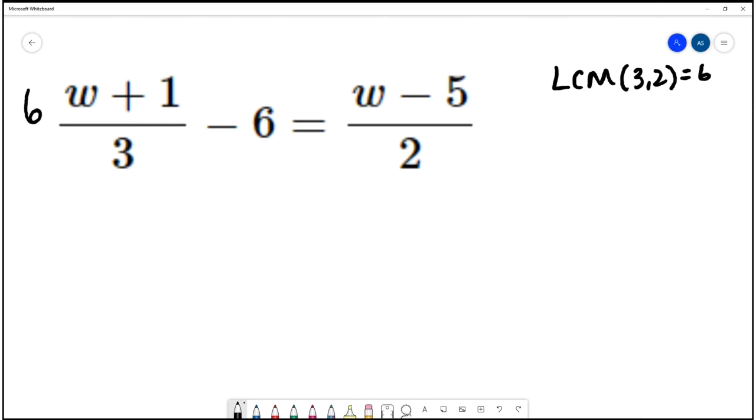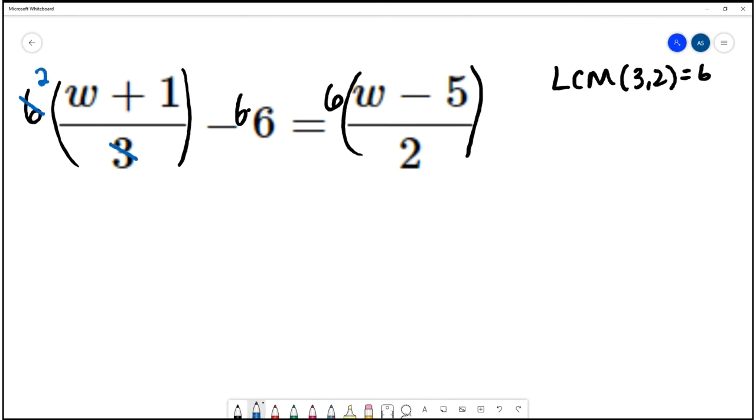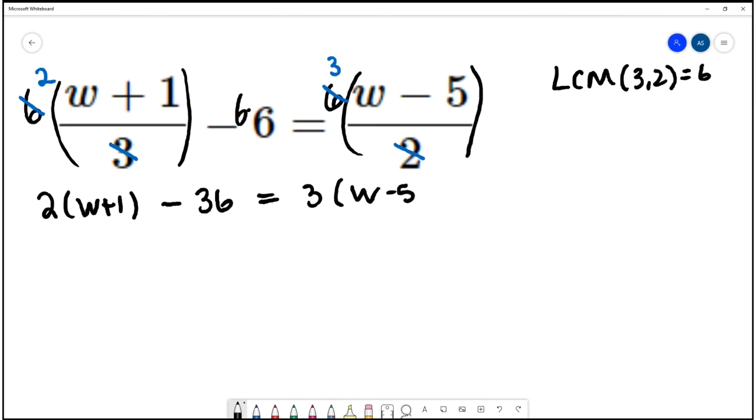So I multiply by 6 onto each term. 3 divides into 6 2 times. 2 divides into 6 3 times. And this gives 2 times w plus 1 minus 6 times 6, which is 36, equals 3 times w minus 5. So I've cleared the fractions in the problem.